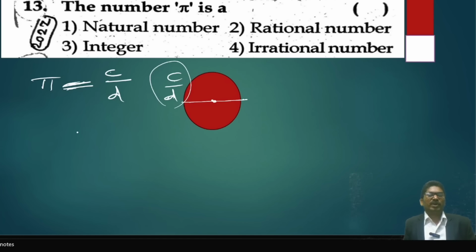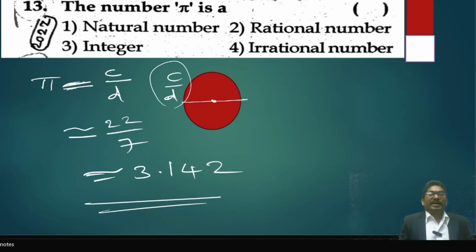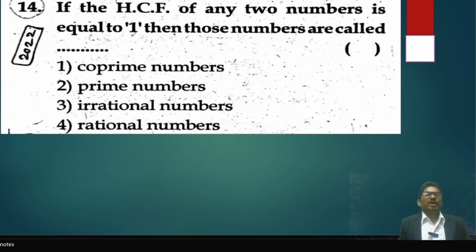It is approximately 22/7, and in decimal form approximately 3.14 or 3.142. So this is not the exact value, and that's why pi is called an irrational number.